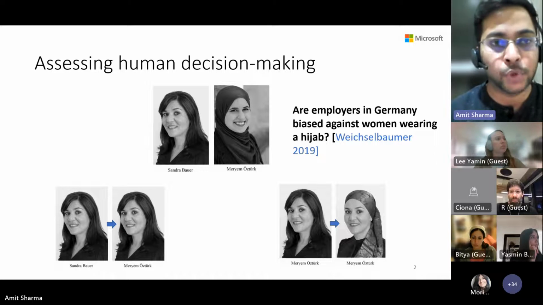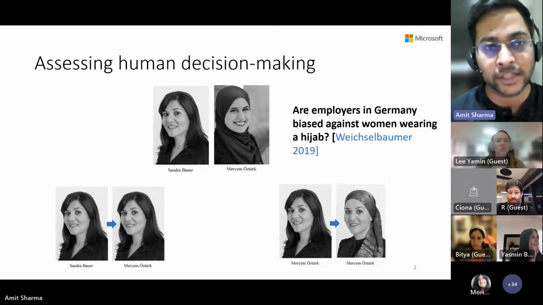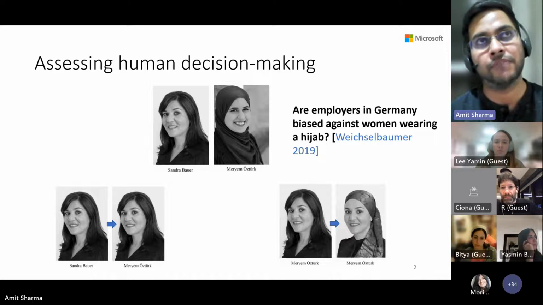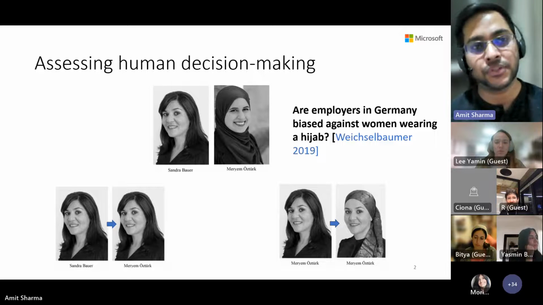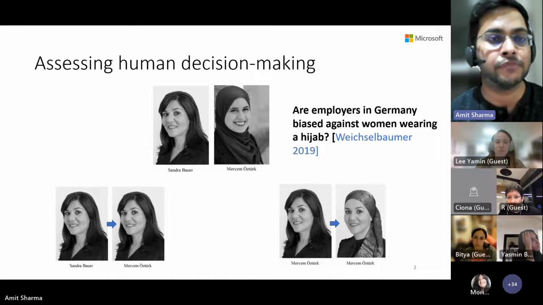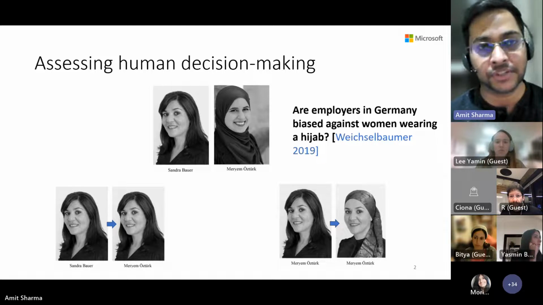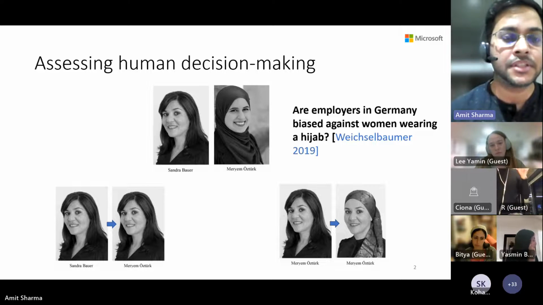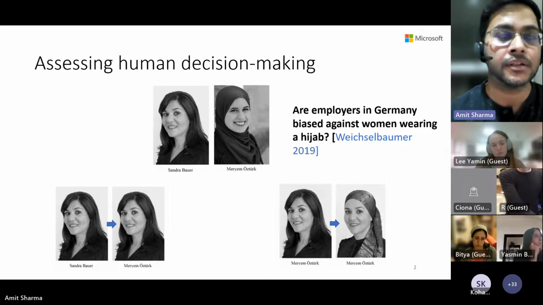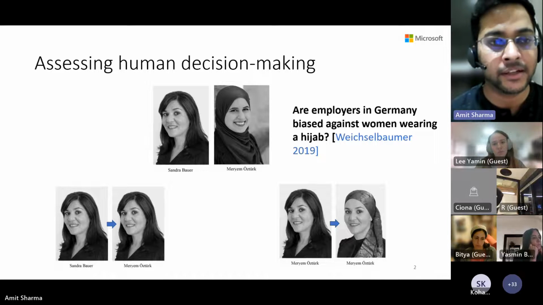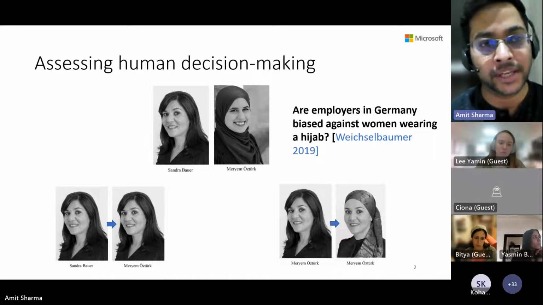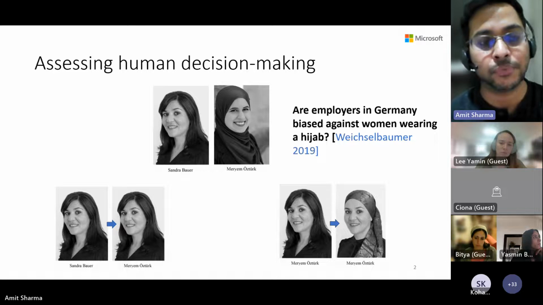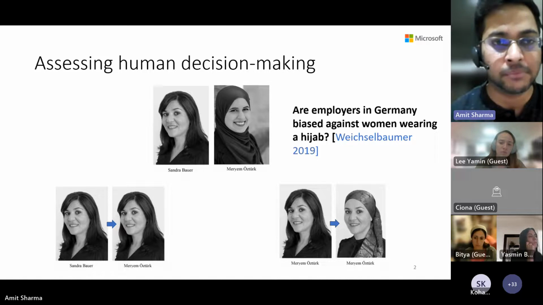If you have two women, one on the left and the other on the right, it's really hard to say whether a difference in job response rate is because it's a different woman, different qualifications, a different name, and so on. But if the same CV is sent and all you do is change the name, then you can logically conclude that if there is a difference in response rates, it has to be because of the name.